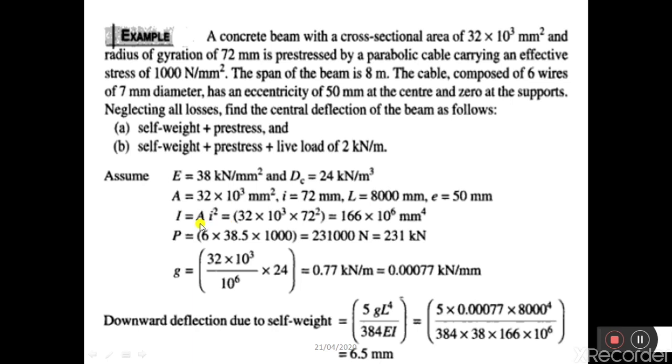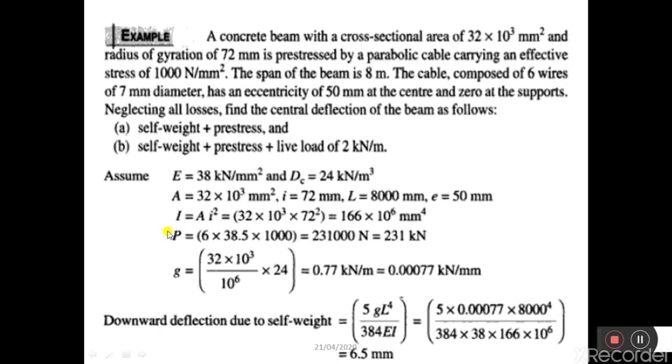So using this equation we can calculate the moment of inertia. Moment of inertia is equal to area 32 into 10 to the power of 3 into 72 square, 72 is radius of gyration. Therefore, moment of inertia is equal to 166 into 10 to the power of 6 mm to the power 4.